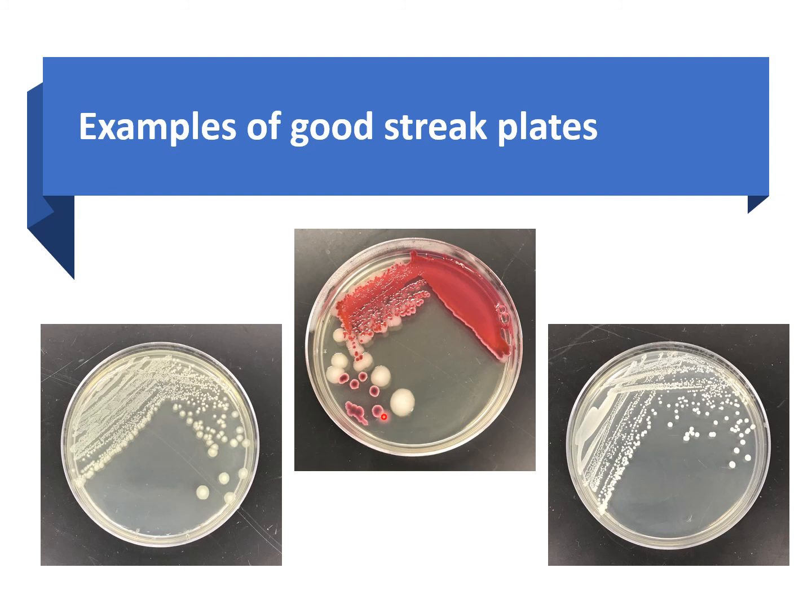I'm not going to touch any of the other colonies. And again, I'm going to do another streak plate. And if I do that and all I get are the same exact looking white colonies, then I've achieved a pure culture. Okay.